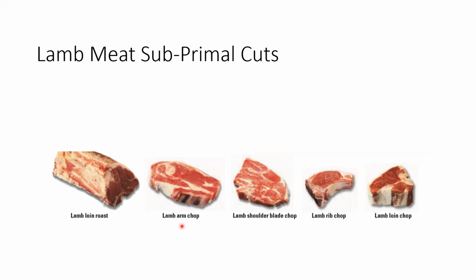A slice has been removed. A lamb shoulder or blade chop, which is pretty evident what it is. Lamb rib chop, lamb loin chop. These are what are called chops. You have similar versions of these as steaks in the carcass of beef. When we talk about beef, we'll be talking about those. All of these have similar cuts, and they are called steaks when it comes to beef.